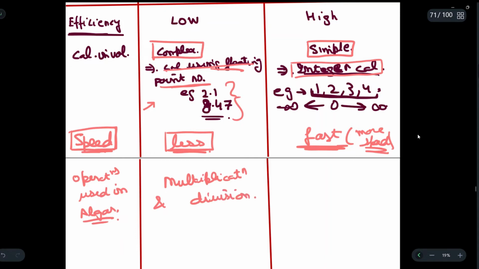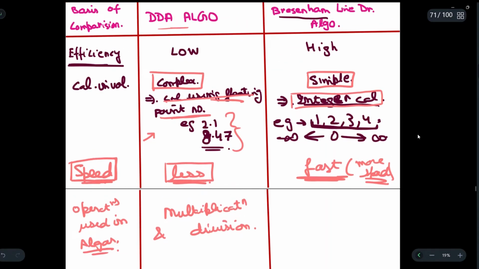Whereas in Bresenham line drawing algorithm we use only addition and subtraction. So these points can also be used, that is the addition and subtraction, to find out that the speed will be less for DDA and the speed will be fast for Bresenham.